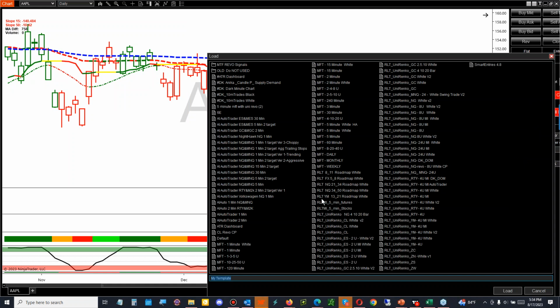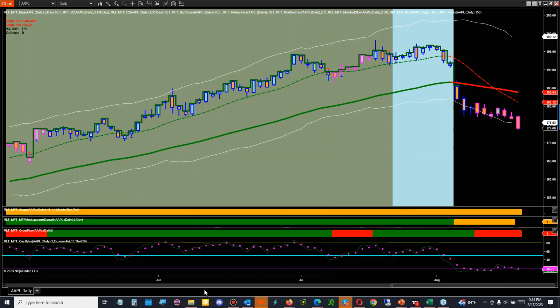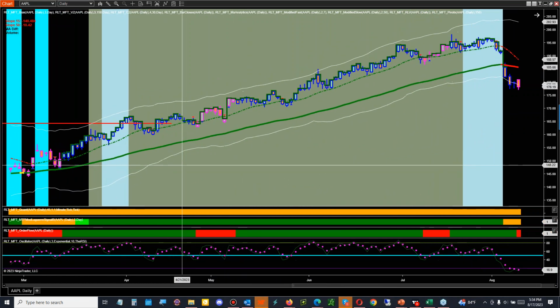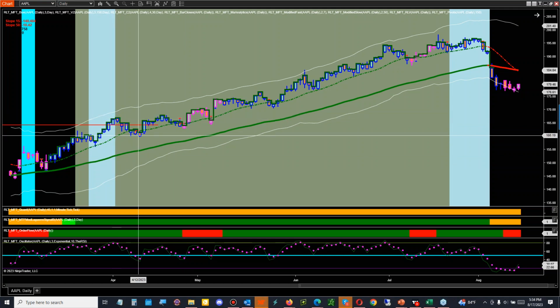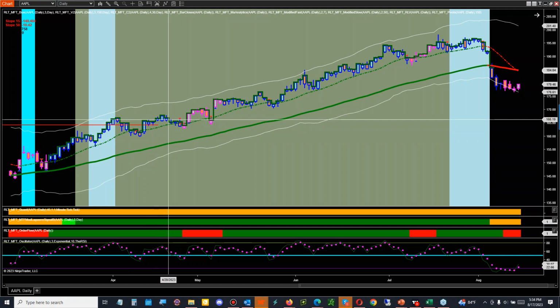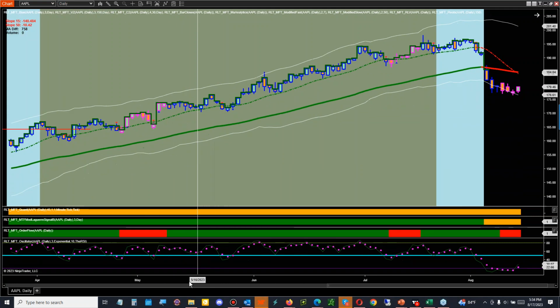There's a different template for the daily chart. So look, here's on a daily chart. You got the C2, got the pullback. Now you trade a little differently on the daily chart. On this chart, you would wait for it to break here and then get this little blue arrow here.